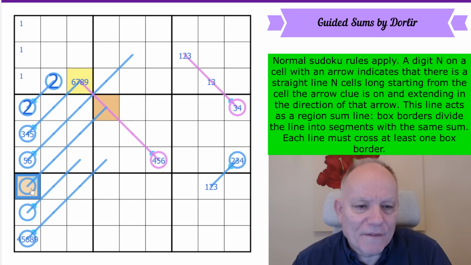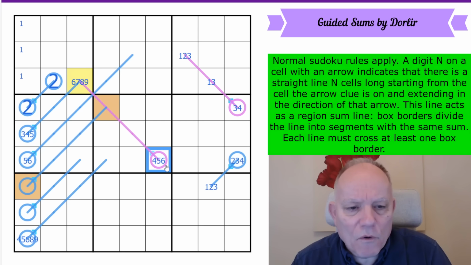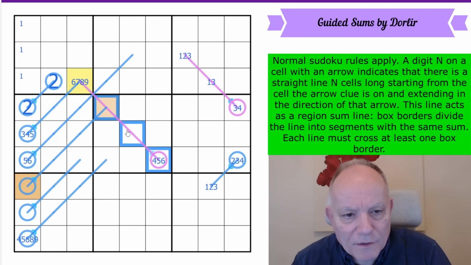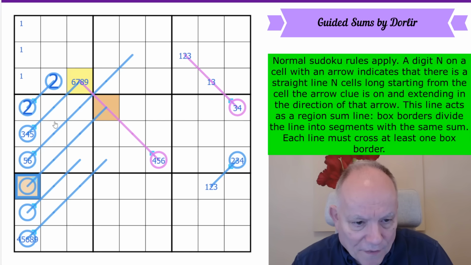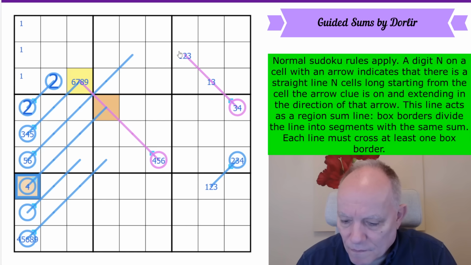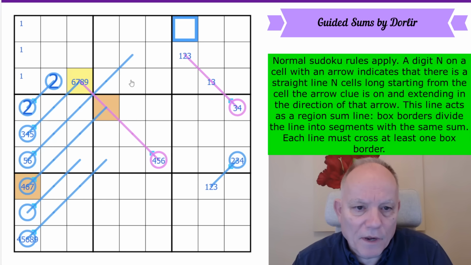Right, this can't be a 5 because it would put a 5 here. That would make this either 4, which is impossible from adding those 3 to equal that, or a 6, which would make that impossible to fill because you'd have 5 here and 6 there. So 5 doesn't work in this position. So it's either 4, 6 or 7. 7 is the longest it can get.